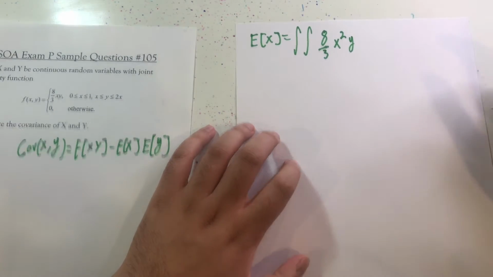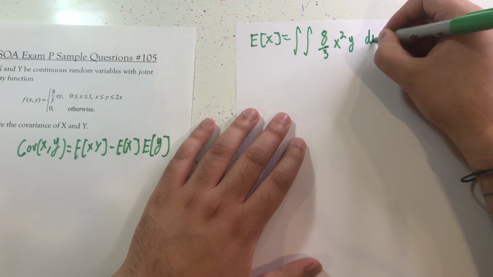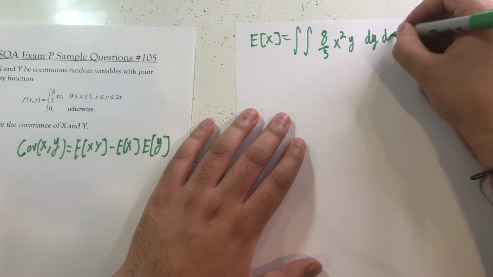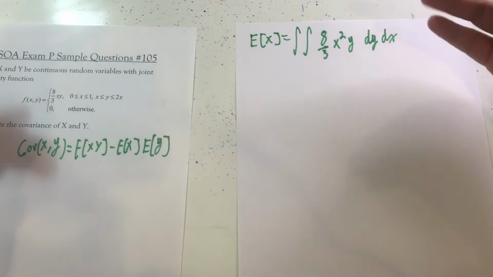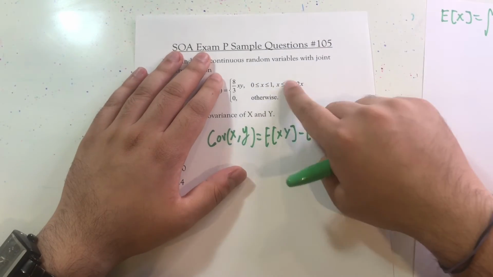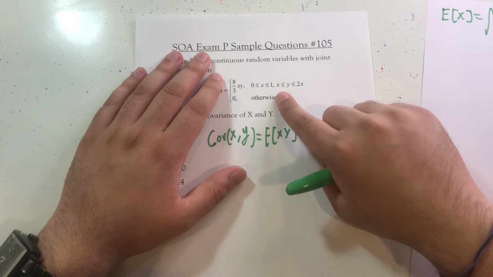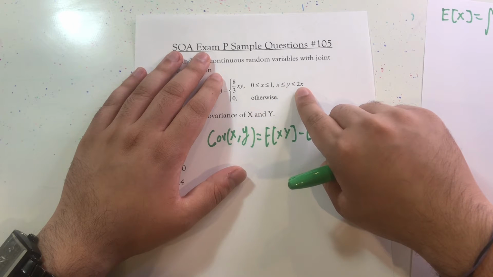And in this case, I'm going to need to do dy dx. Because what are our limits of integration? What are our bounds? That's going to be defined right here, right? X goes from 0 to 1. Y goes from x to 2x, all right?